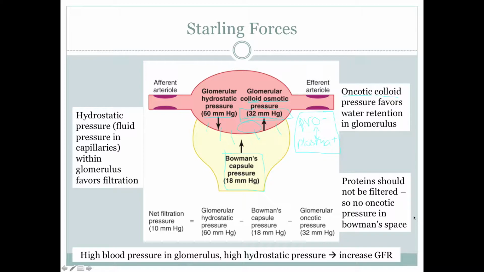Okay, so Bowman's space, this little space between the glomerular capillaries and Bowman's capsule, would be like filling up a water balloon with some water. You're getting ready to smack somebody with it, but before you do, you just place your fist into the water balloon.